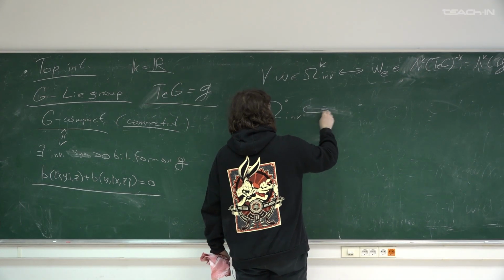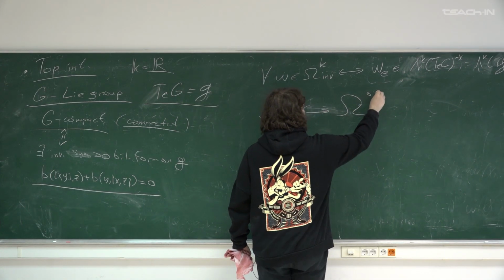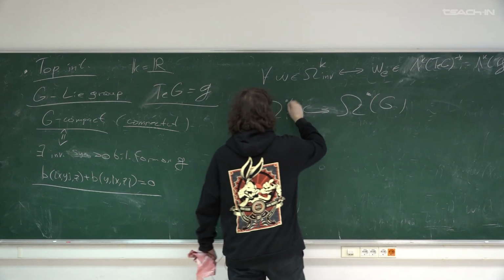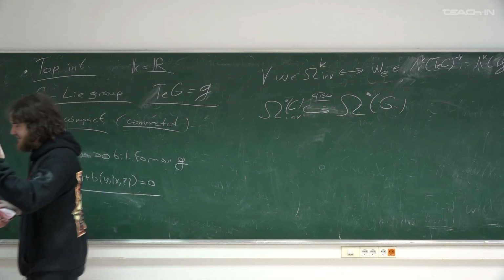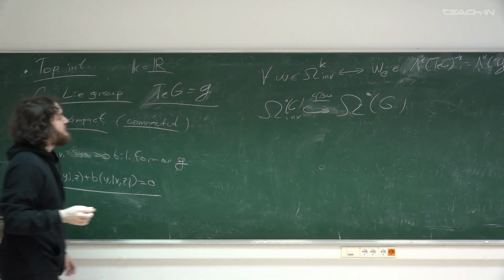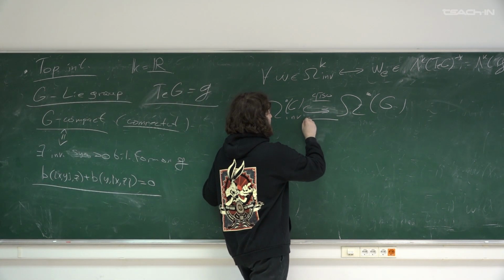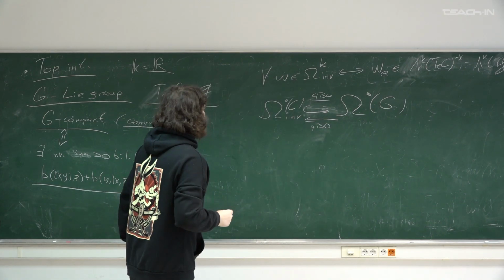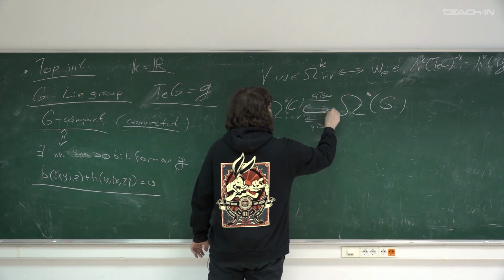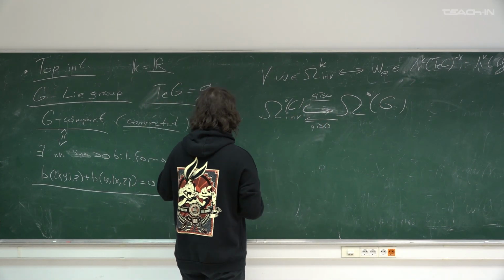Our inclusion into the general de Rham chain complex is a quasi-isomorphism. In fact it has a quasi-isomorphic inverse map. This map is just inclusion. What is the inverse map? The inverse map is just integration.